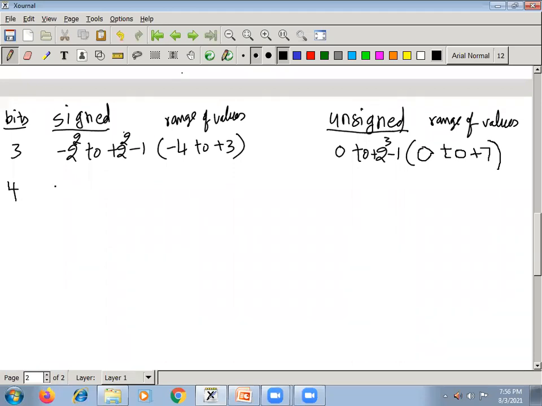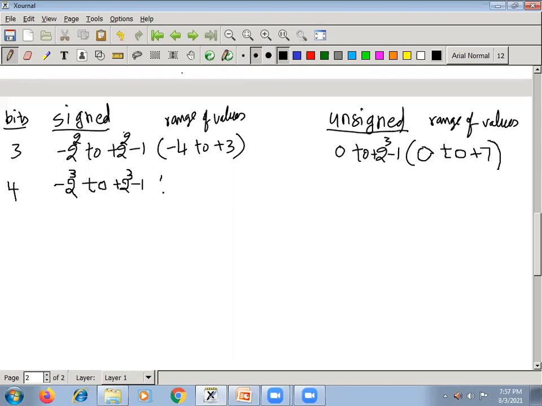It is nothing but minus 2 power 3 to, on the positive side, plus 2 power 3 minus 1.